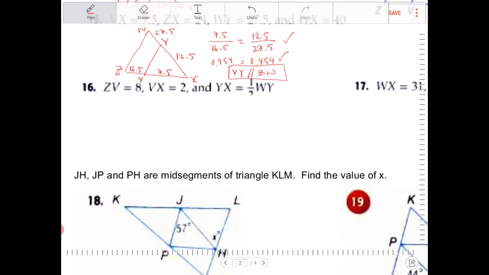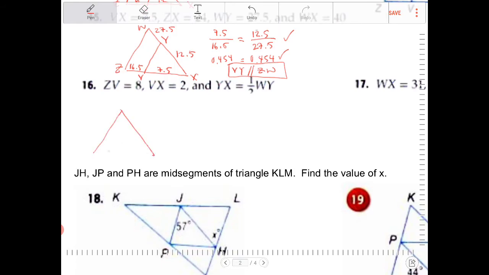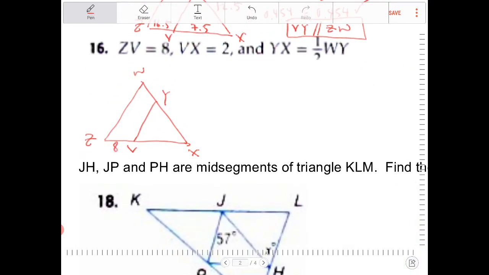Let's try that another time. So Z, W, Y, V, and X. Zv is equal to 8. Vx is equal to 2. Yx is equal to 1/2. This should say 1/2. My apologies. 1/2 Wy. So let's try to simplify things. Let's call Wy x. So Yx is just 1/2 x.